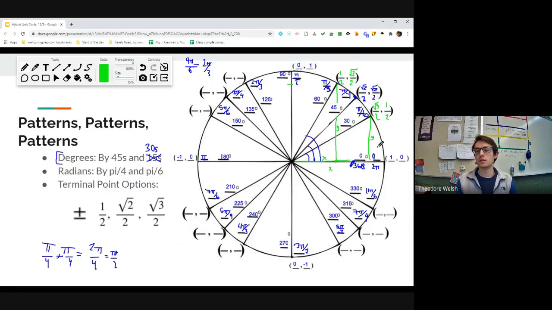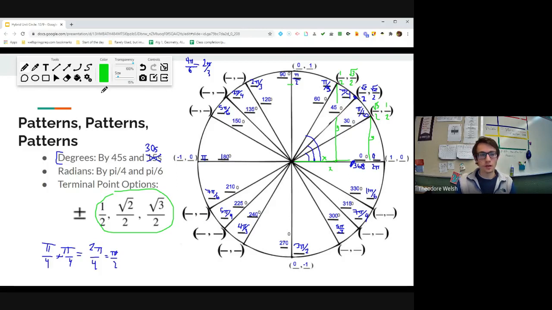So the way that I remember these is I just remember that 45 type angles are always root 2 over 2, root 2 over 2. And you have to remember those 3 values of 1/2, root 2 over 2, and root 3 over 2. And then I think in terms of triangles to determine those other two: which one has 1/2 first, which one has root 3 over 2 first.